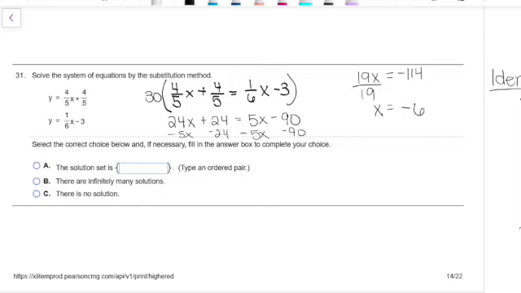X equals negative 6. Remember, once I have the x value, I also have to have the y value. So plug that back into either one of those. That second one has a 6 as a denominator, so that one seems like a good one to plug it into. Let's see. Negative 1 minus 3, which is negative 4.